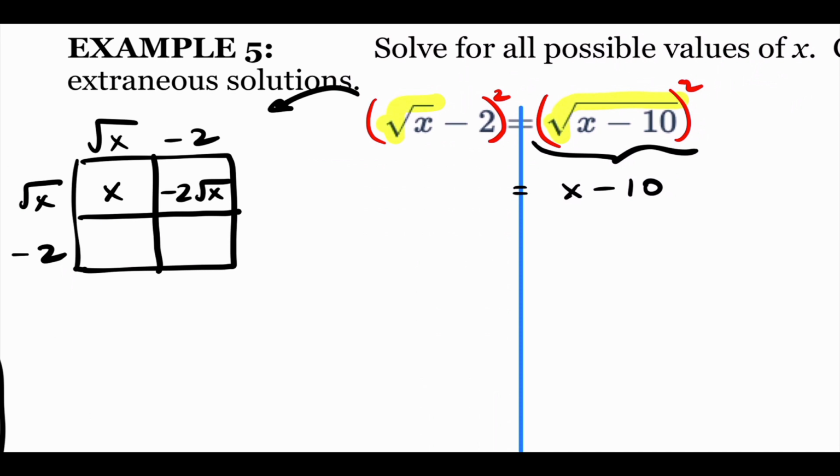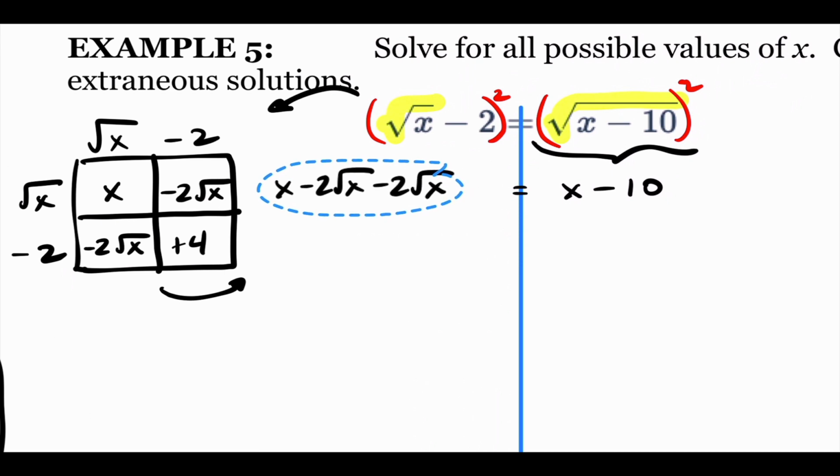Same thing for the next one. And then the last one, negative 2 times negative 2 makes positive 4. Right, what I have: I got an x. I got a negative 2 root x. I got another negative 2 root x. And I have a positive 4.